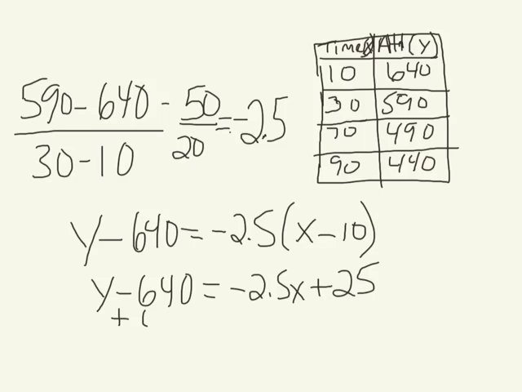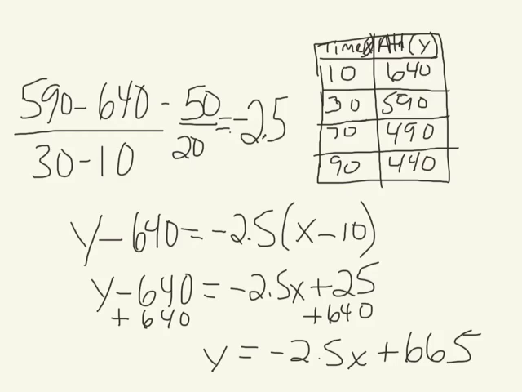And then we would add 640 to each side, and we would get y equals negative 2.5x plus 665. Now we have our y-intercept, which would be 665. That's where the balloon started. And we have our descent of negative 2.5.